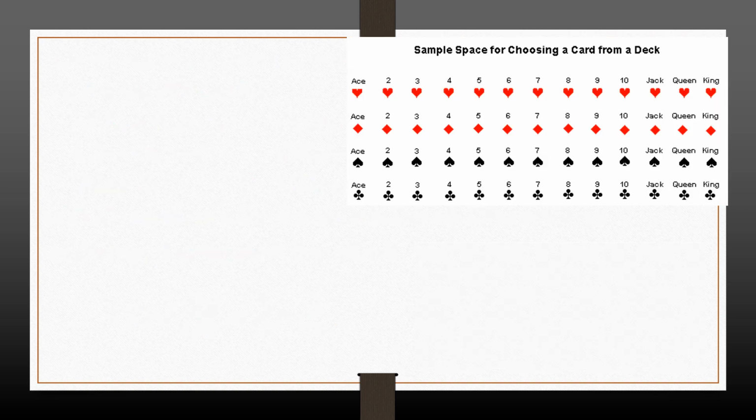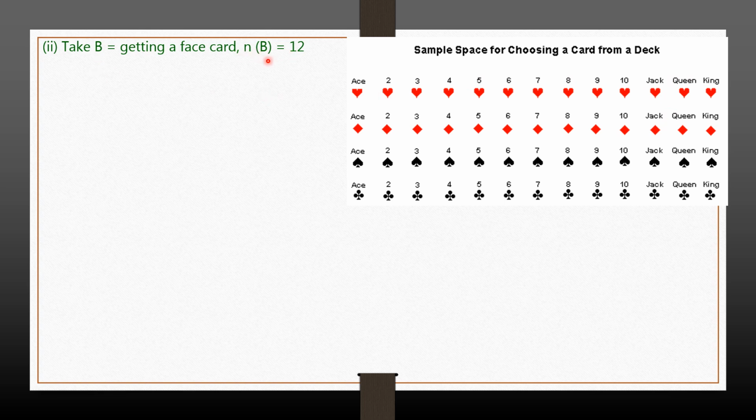Now, take B is equal to getting a face card. You know, the number of face cards is 12. Since kings, queens, and jacks are called face cards, therefore here B is getting a face card. Among these 52 cards, only 12 cards are favorable to B. That's why n of B is equal to 12.